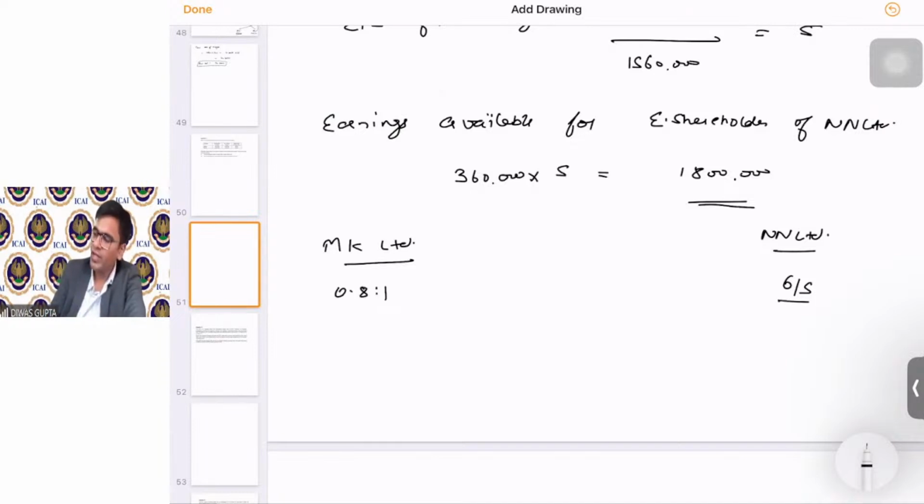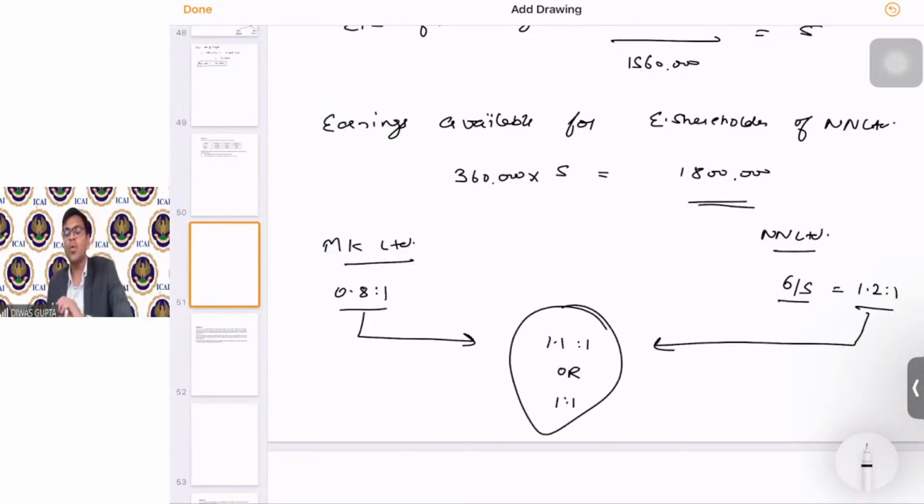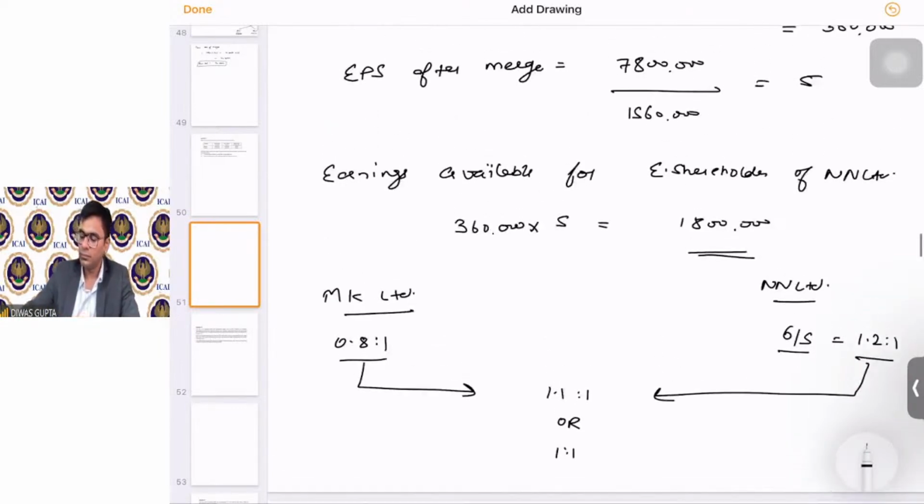So 6:5 is how much? 1.2:1, right? So they will start from here and somewhere they will close the deal, let's say 1.1:1 or 1:1, somewhere like that. Correct? That's how the deal will happen, students. Okay.